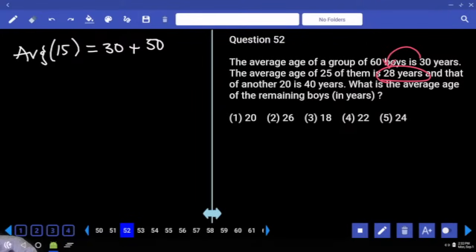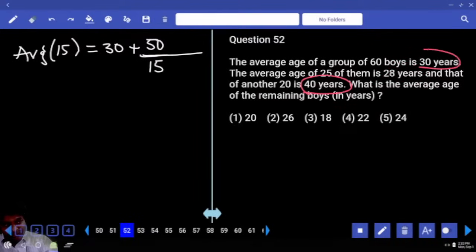50 is a number, and now we are trying to calculate the average for 15, divided by 15. There is another change also. Let me extend this average. The average in the second group is 40. Is it more than the actual average or less? How much more? How many people are there? 20 into 10, 200 more.